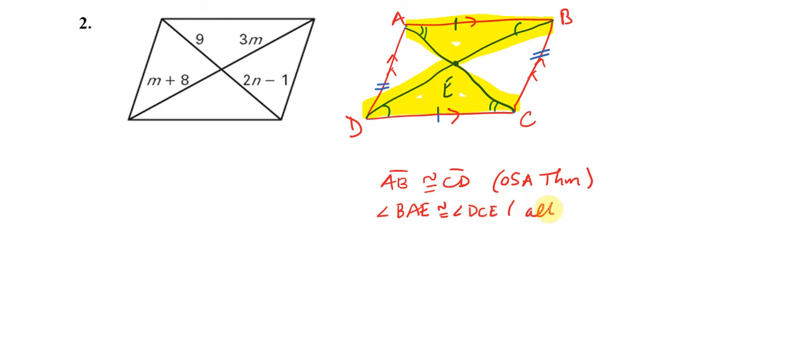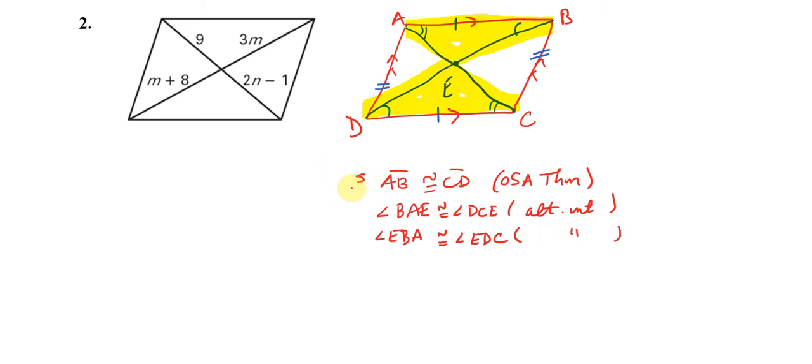They're alternate interior angles with parallel sides. Okay, and we also know angle EBA is congruent to angle EDC, really for the same reason.